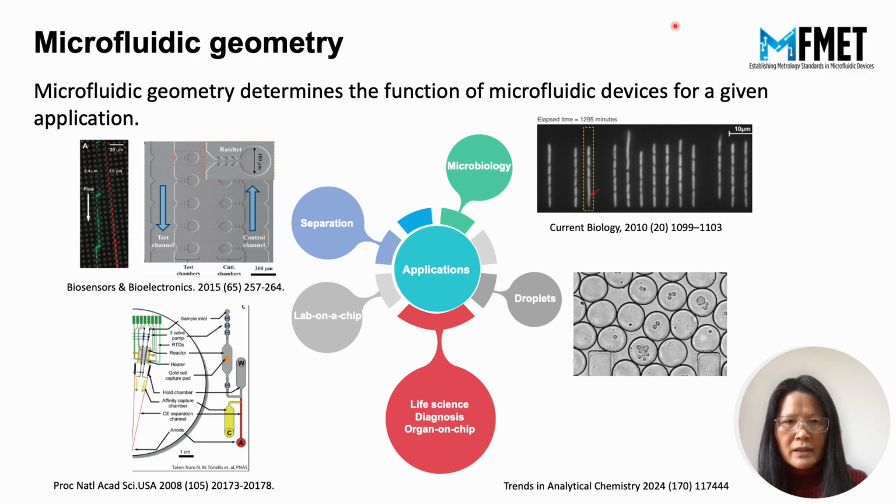As you might have heard from previous speakers, typical microfluidic devices have channels of tens of microns. These dimensions are comparable to the size of biological cells. Consequently, microfluidics has found numerous applications in biological analysis.